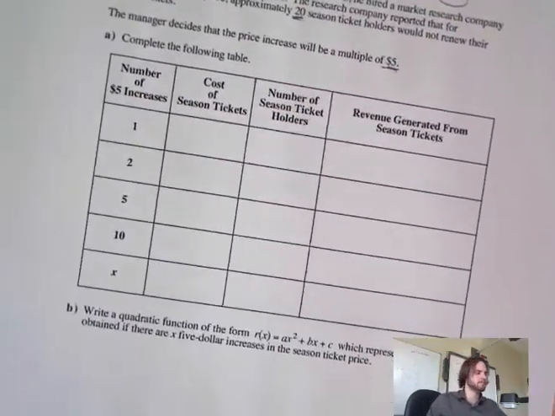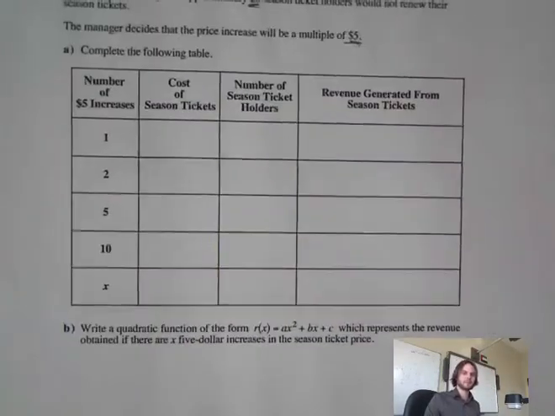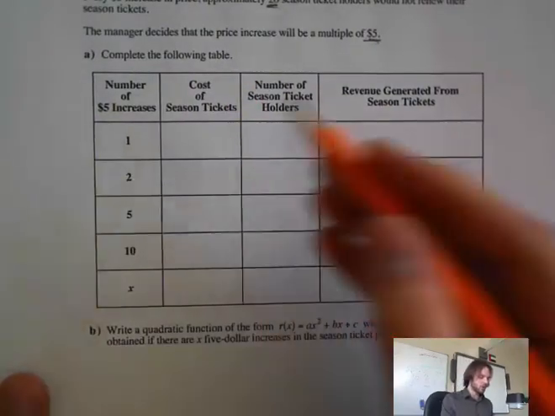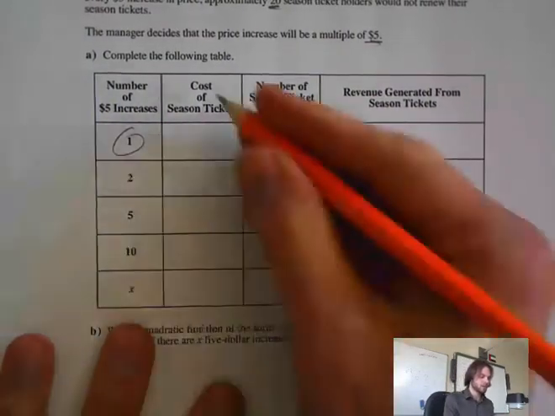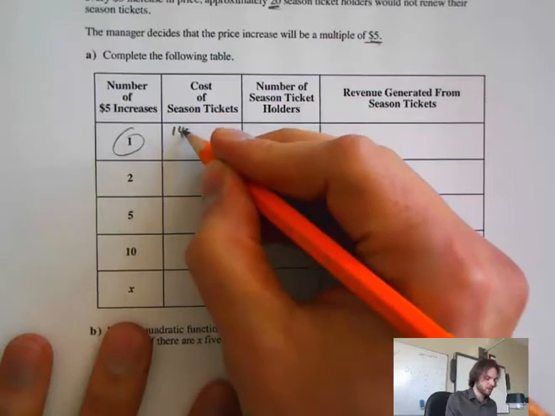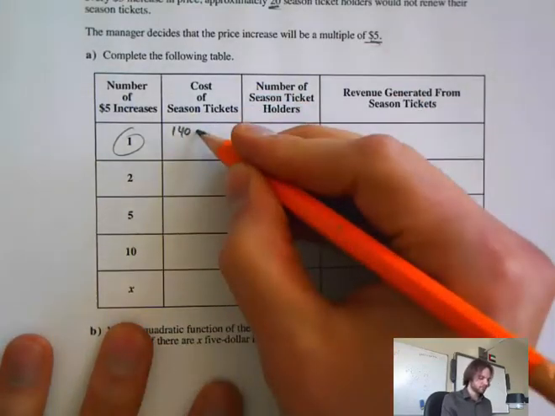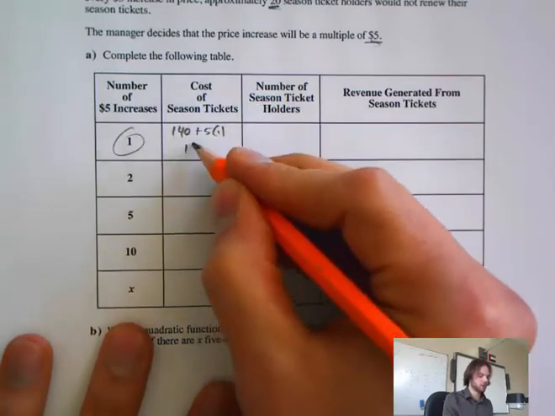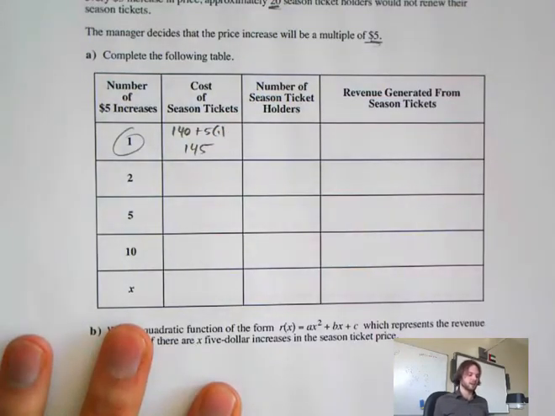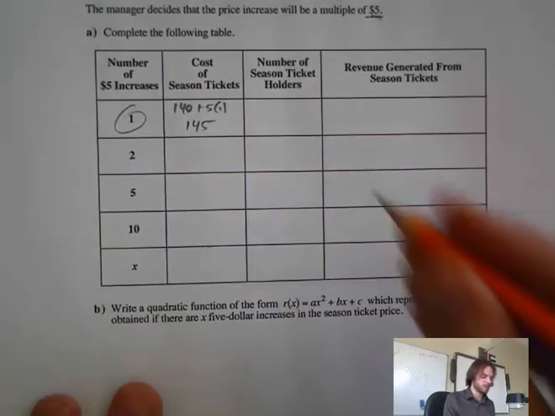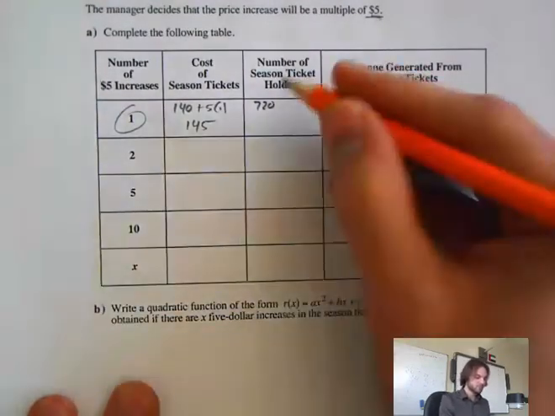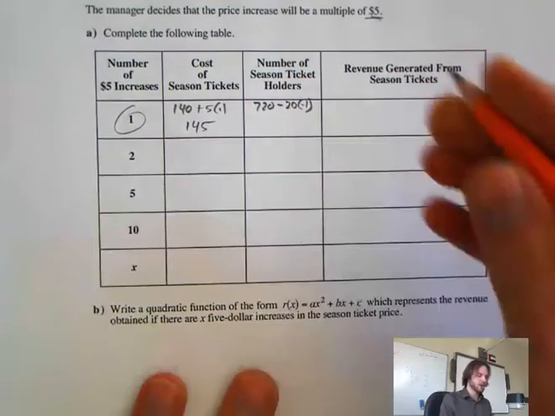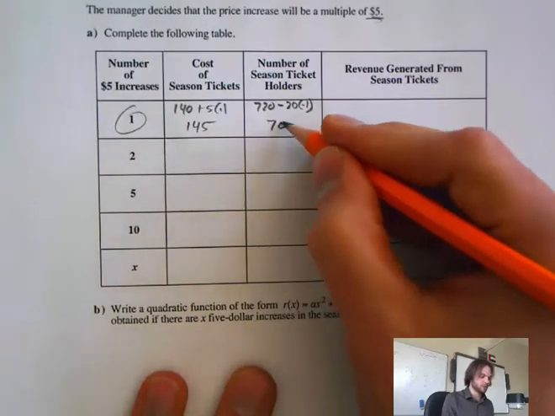First of all, if we have 1 increase, that is 140 plus 5 multiplied by 1, which gives me a $145 ticket. The number of season ticket holders is going to be 720 take away 20 multiplied by 1, because there's 1 increase, which gives me a total of 700.